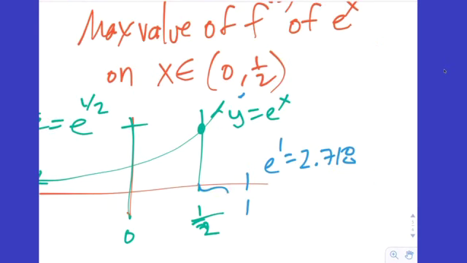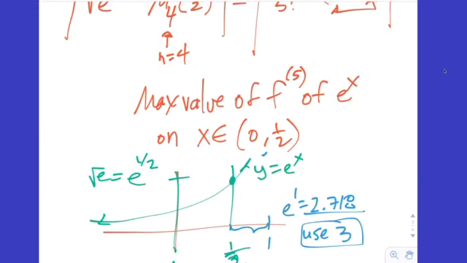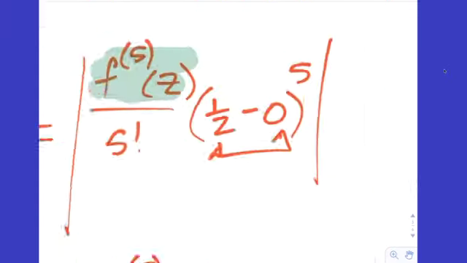But if we're going all the way from 1/2 to 1, just to call it 2.718, is it going to be much, much harder just to then say, instead of 2.718, use what? What's a number that's just a little bit bigger than that, but it's a lot easier to use? 3, right? Keep it simple. So I would use 3 as a safe maximum value for the fifth derivative. The fifth derivative of e to the x, by the way, is e to the x. So I would use 3 here.